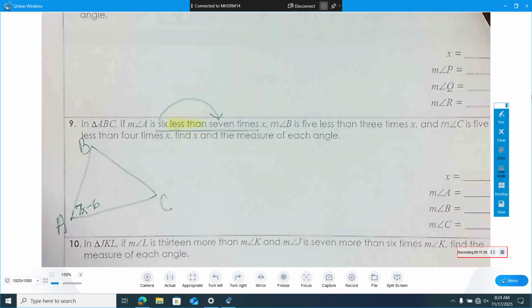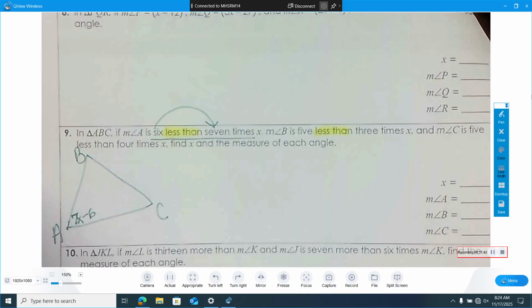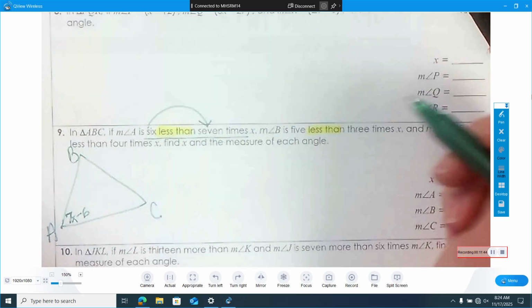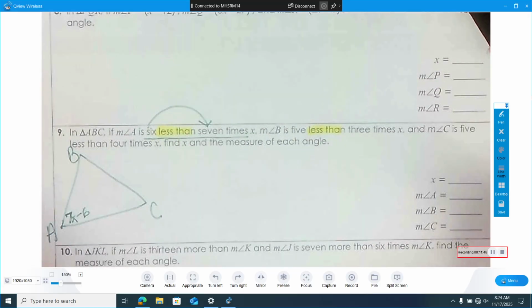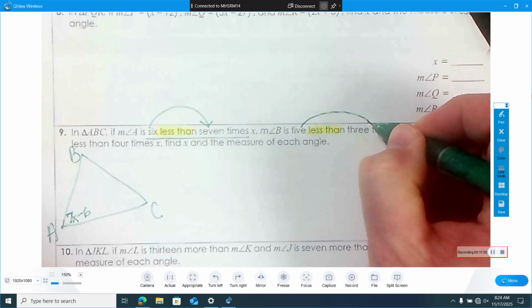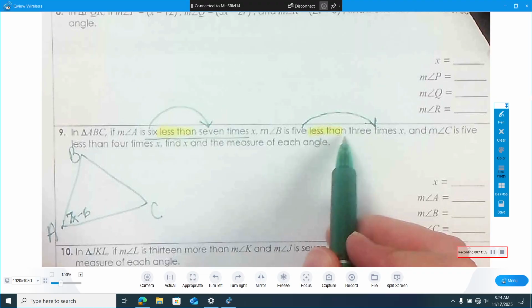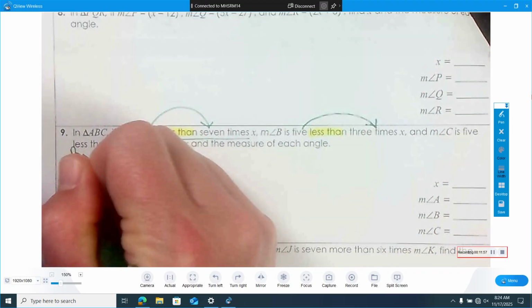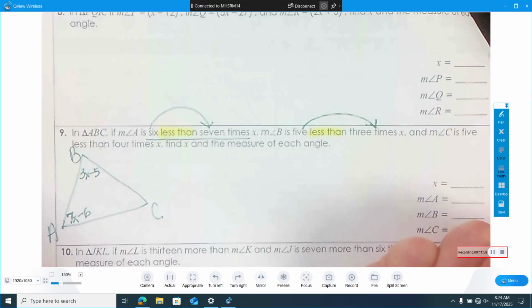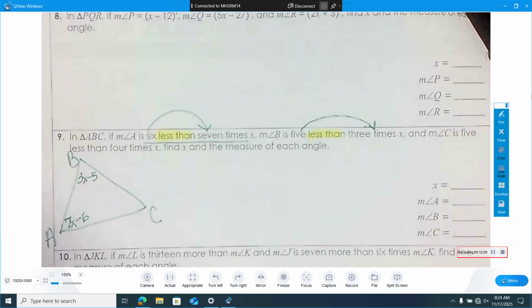All right, then the measure of angle B is 5 less than 3 times x. What should we write? 3x minus 5. Again, 5 less than has to come at the end. So 3 times x, and then less by 5. And then measure of angle C is 5 less than 4 times x.